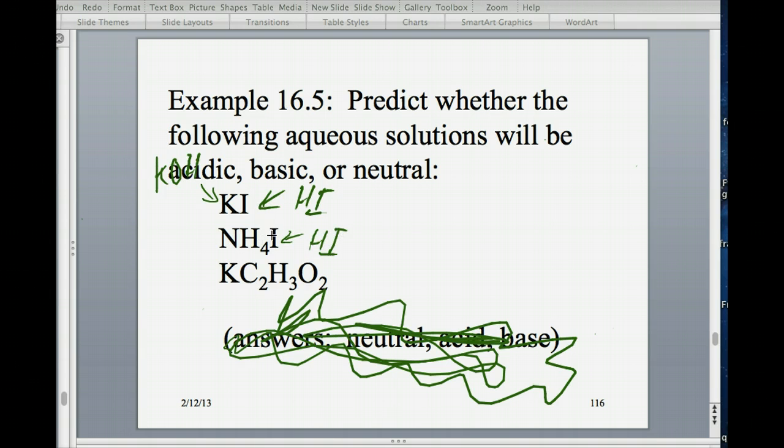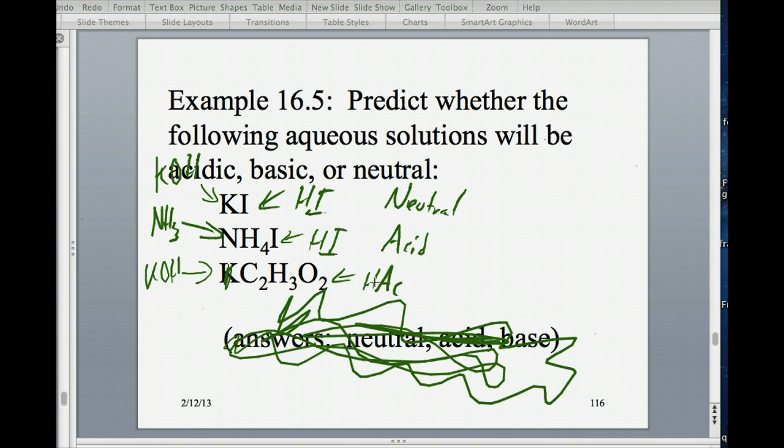That's strong, so that one's out. NH4 came from NH3, a base. So this one is acidic. This was neutral. Potassium acetate, KOH, which is strong, means that's nothing. The acetate came from acetic acid, which was weak, makes this a base.